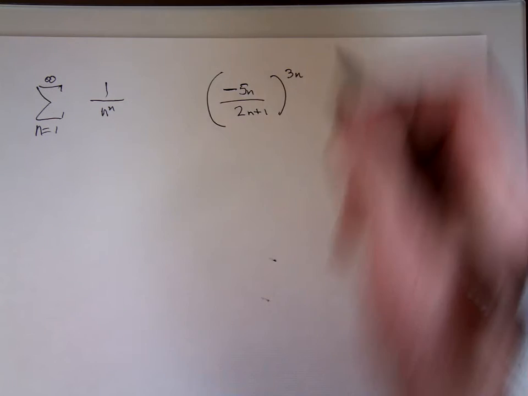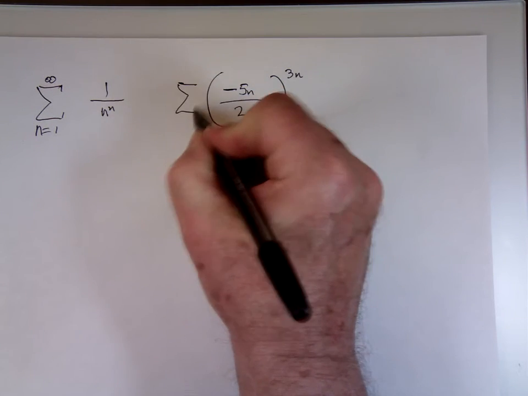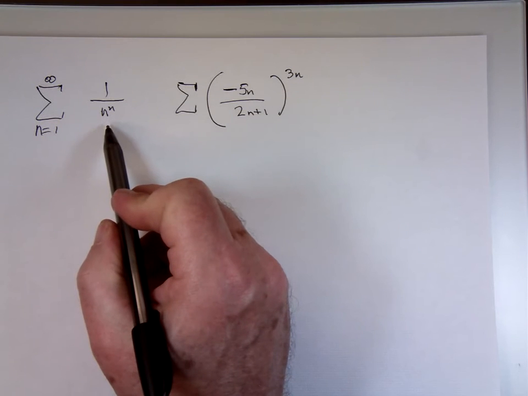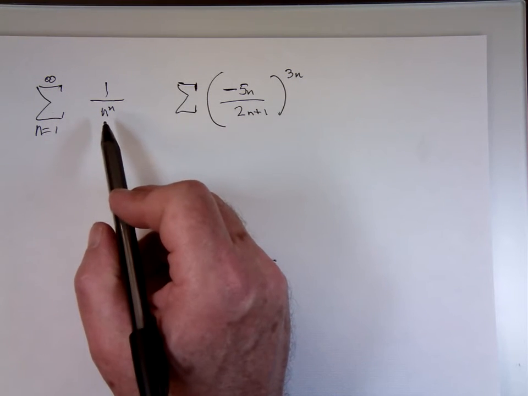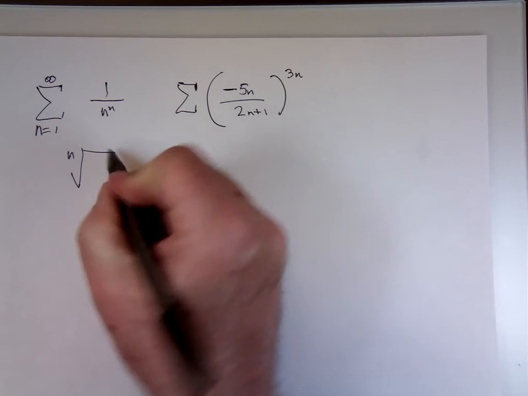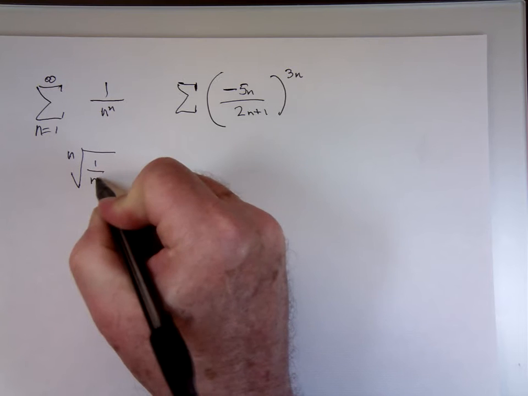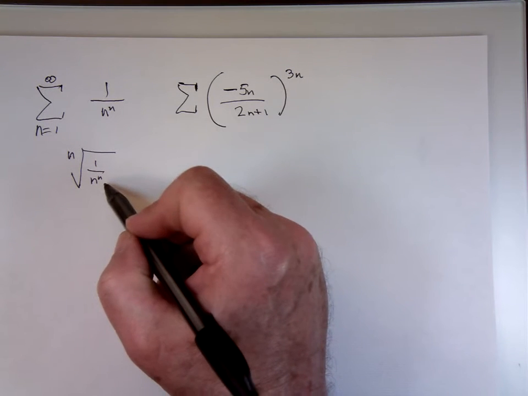Okay, let's do these two. Let's take this one first. You take the nth root of this nth term. When you take the nth root of this thing, it becomes 1 over n.